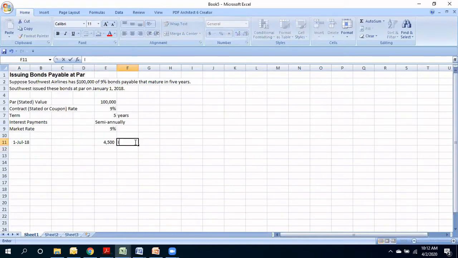This is the interest payment, and it's also the interest expense because the bonds sold at par. Whenever you have bonds that sell at par, in other words, the coupon rate, the contract rate, the stated rate is equal to the market rate, your interest payment is simply equal to your interest expense.